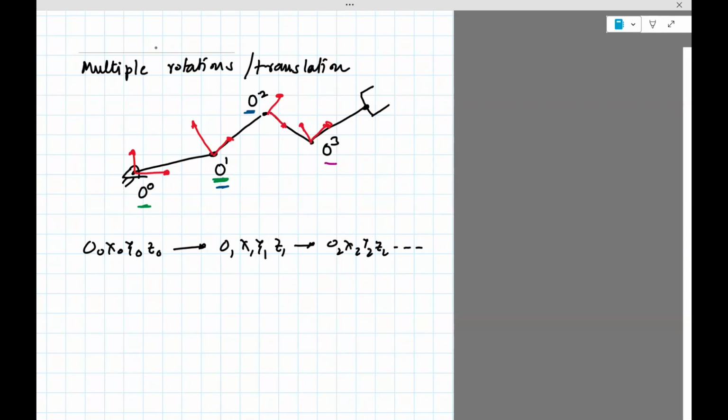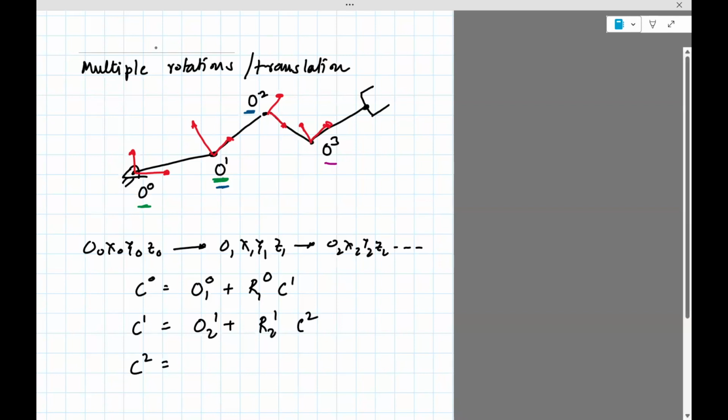So how do you use the formula? Well, you use it this way. We wrote this down some time back from frame 0 to 1. We write the same one for frame 1 to 2, and then frame 2 to 3.